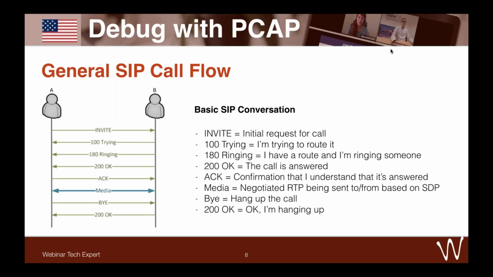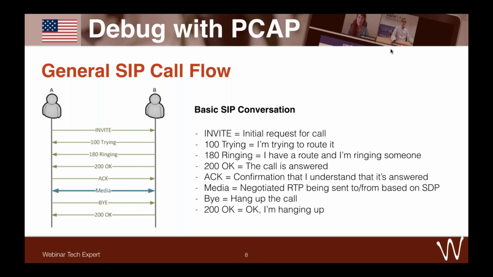So an invite is the initial part of a SIP call flow. I send you an invite, you send me back some information that says, okay, I'm trying to route it. Okay, now I have found a route and I'm ringing. Sometimes there's even an additional, like a 183 session in progress, as an example, but nonetheless, you're giving me status about what it is that you're doing with my original request.